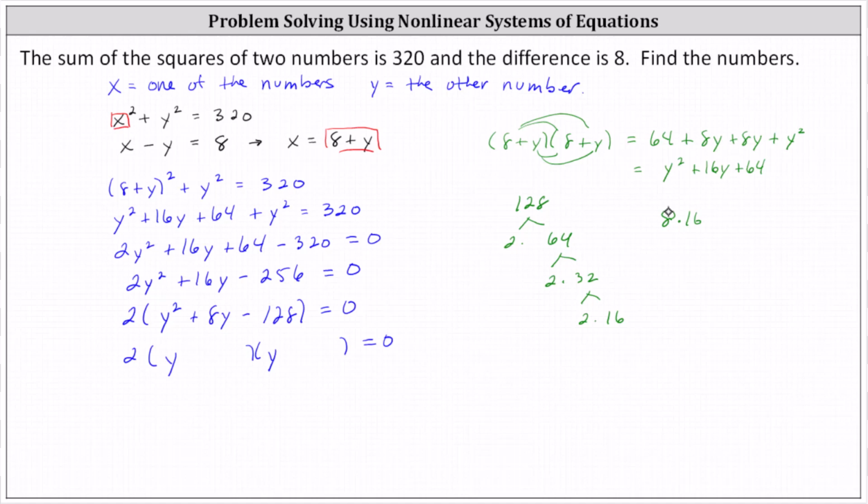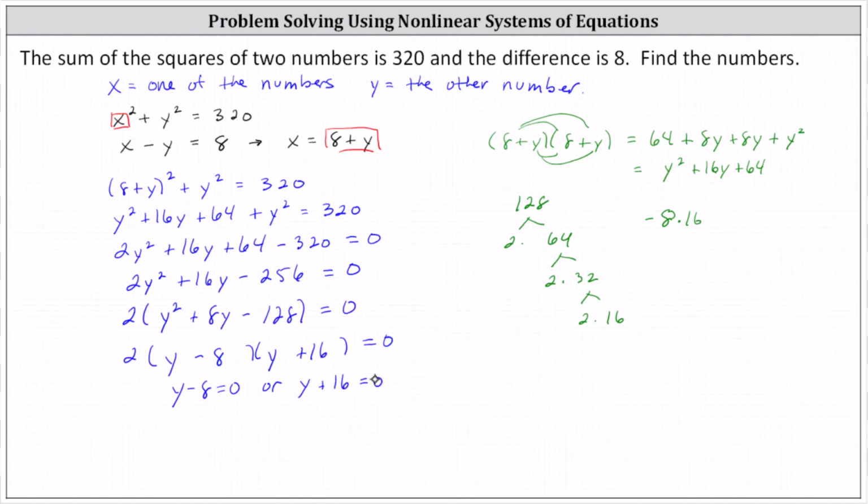Now remember, we're looking for the factors of negative 128 that add to positive 8, which means the factors we want are negative 8 and positive 16, giving us a factor of y minus 8 and a factor of y plus 16. The left side of the equation is equal to 0 when y minus 8 equals 0 or y plus 16 equals 0.